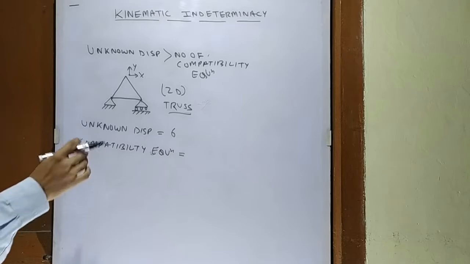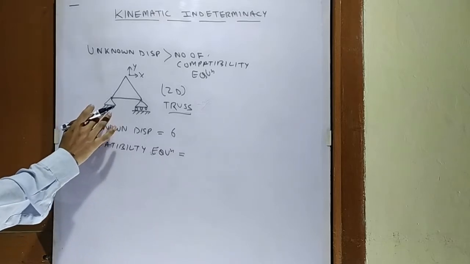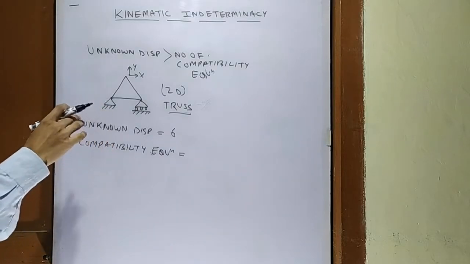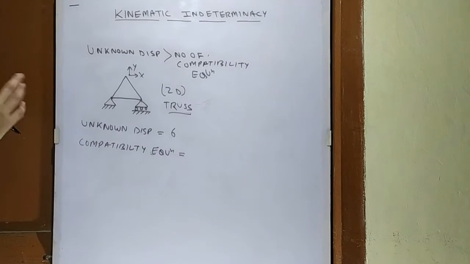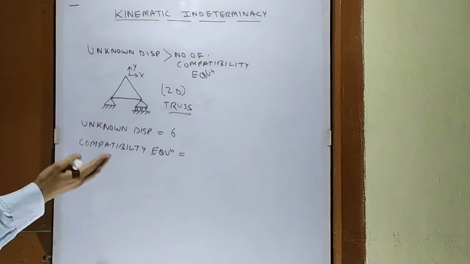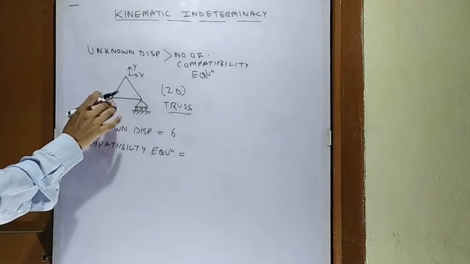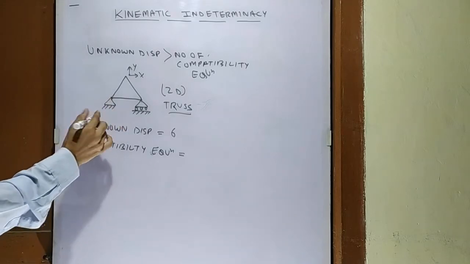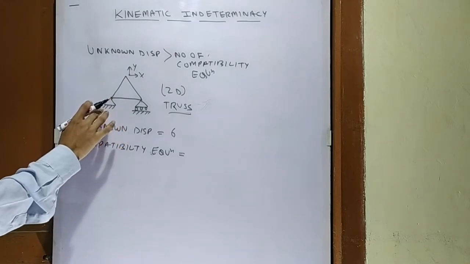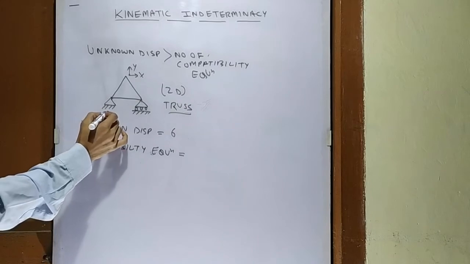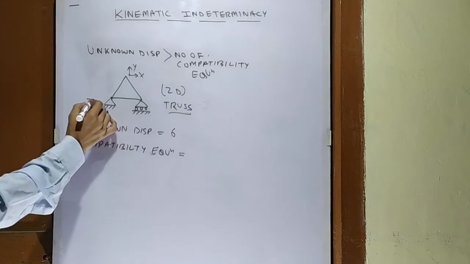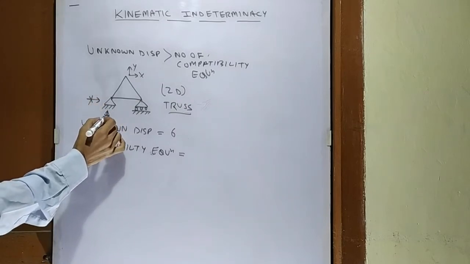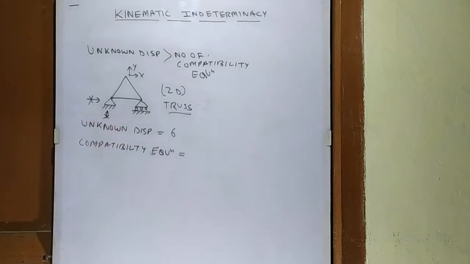How can we calculate? So we know that at a pin joint there can be only rotation, but in a truss there is no rotation. So this pin joint will restrict both motions. Okay, this pin joint will restrict motion in y direction and motion in x direction, because we know that at a pin joint there cannot be any linear motion in x direction nor in y direction.